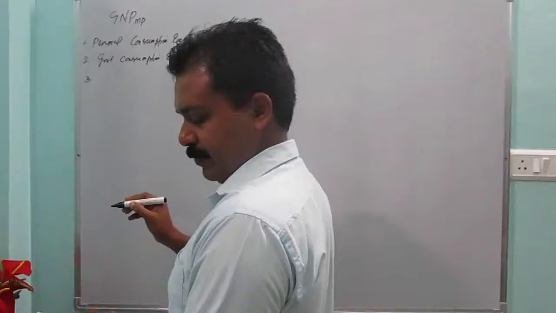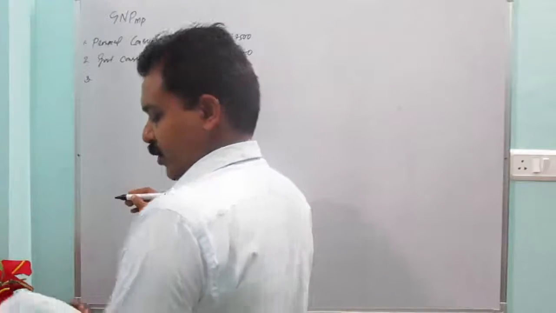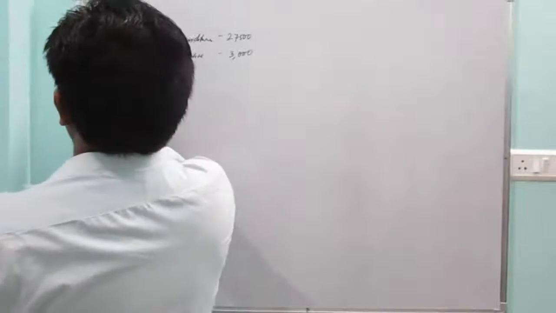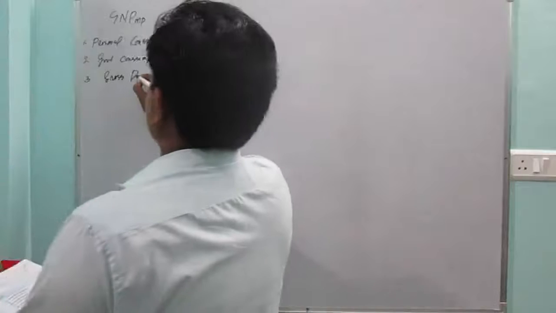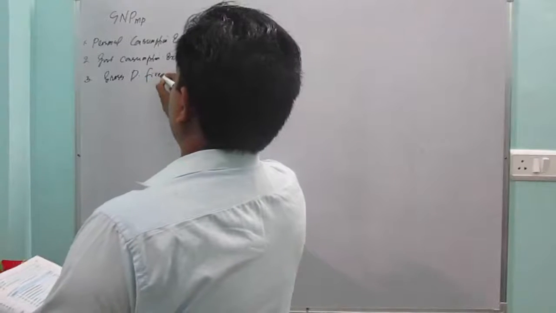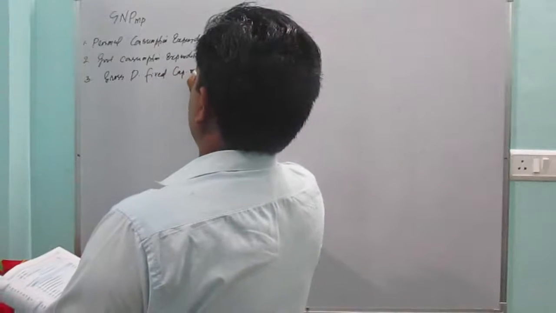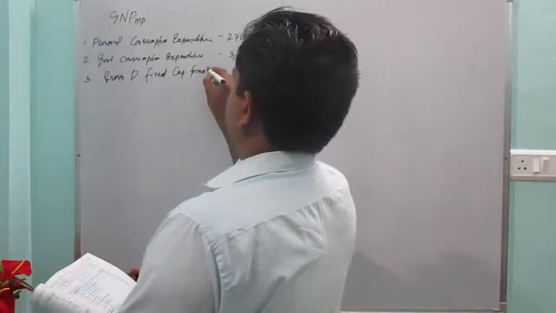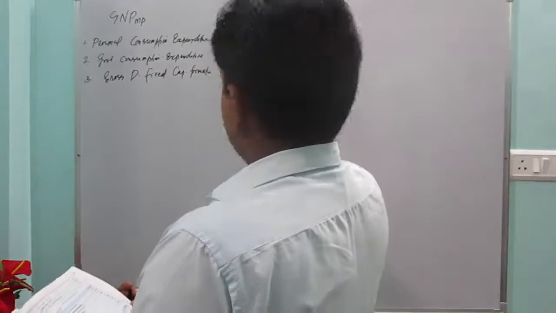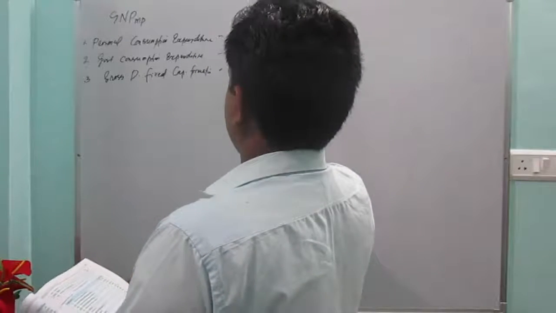Next one, gross domestic fixed capital formation is 2,500.